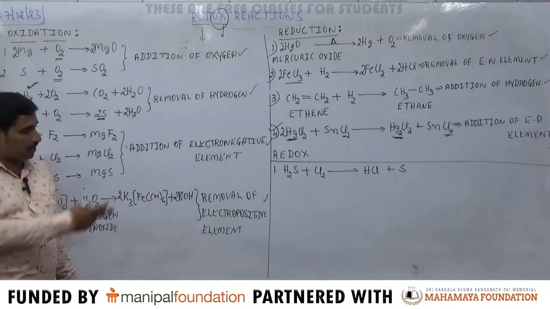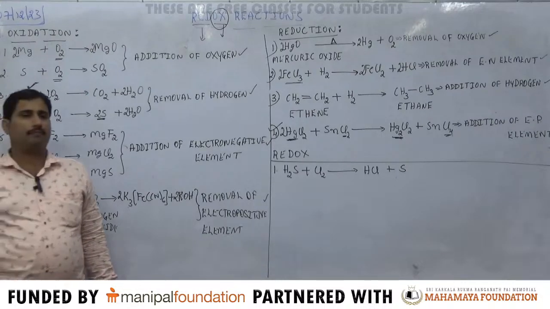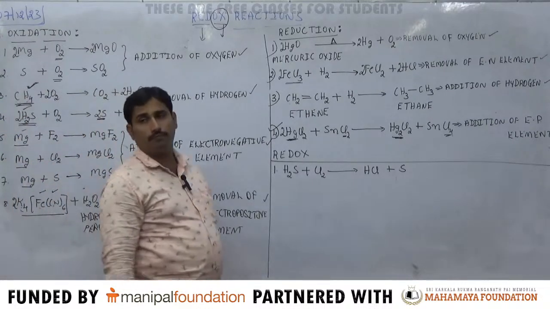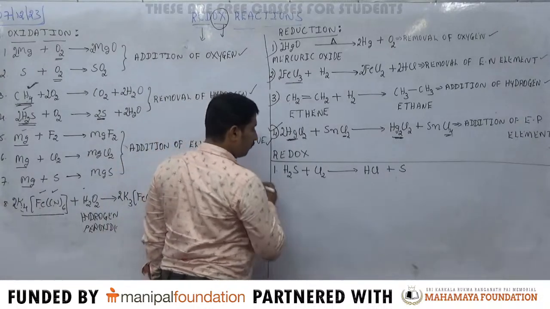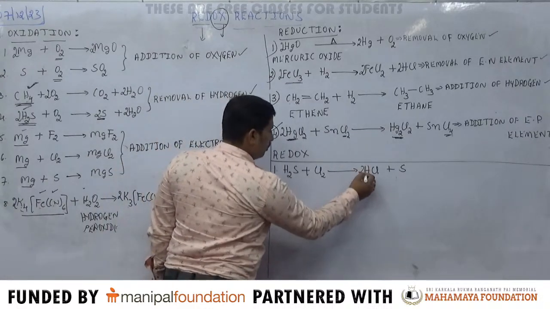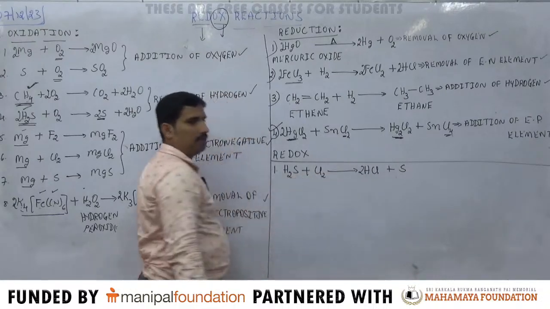But for the practice purpose, balance this equation. Over. Tell me. 2HCl, so that 2 Cl, Cl is balanced, sulfur is balanced.